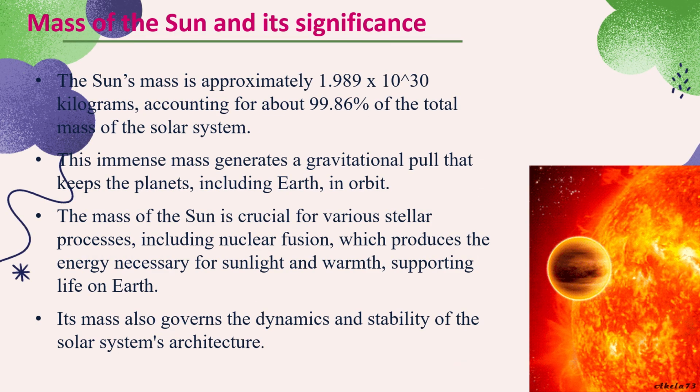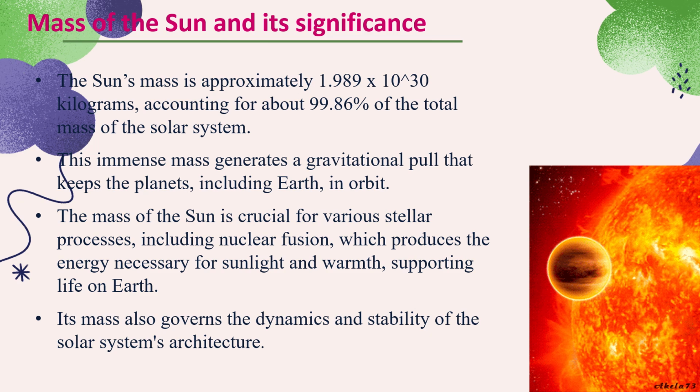Next, the mass of the Sun and its significance. Here I provide four main points. The mass of the Sun is approximately 1.989 × 10^30 kilograms. The Sun contains more than 99% of the total mass of our solar system.